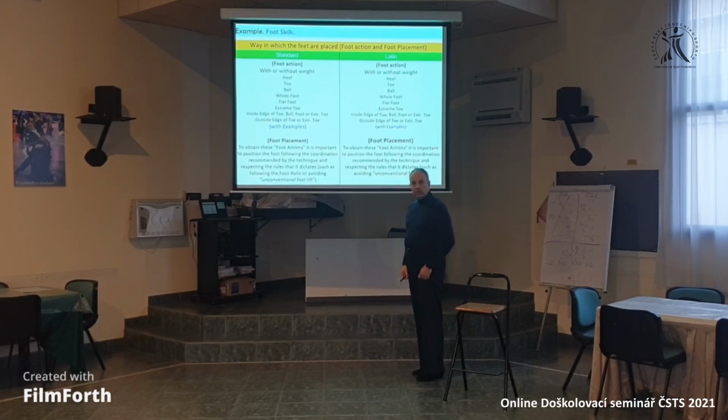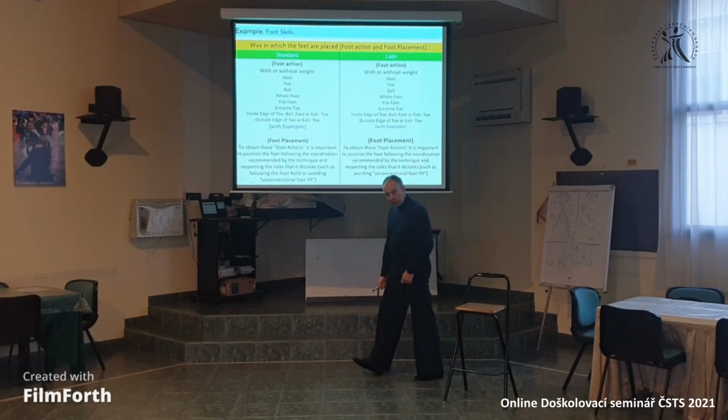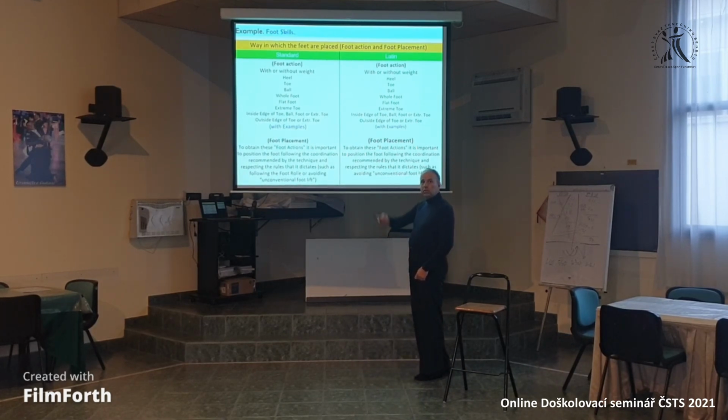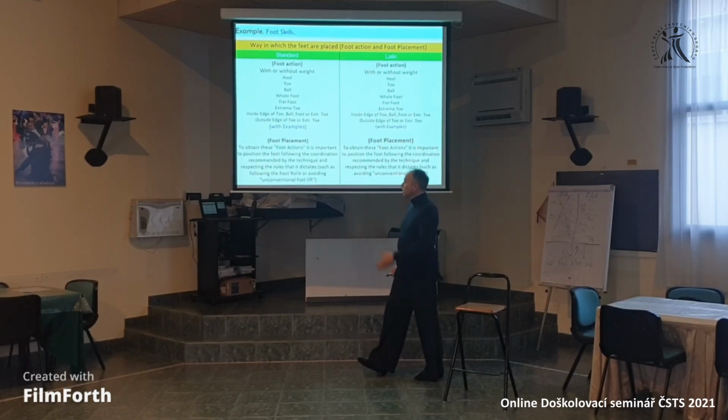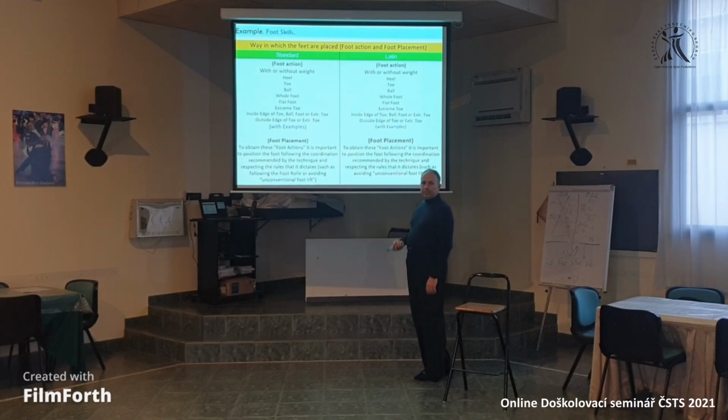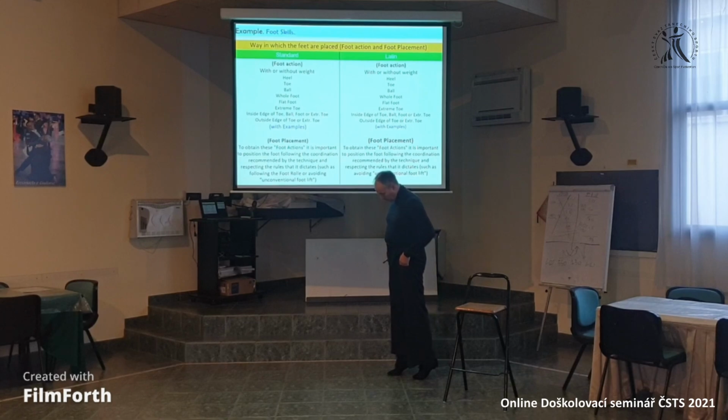So we have the heel, which means that I touch the floor first with the heel when I take the step. And it's not like this, but it's always with a particular coordination. Secondly, the toe. The toe means that I go in that contact that is at the maximum height still with weight.